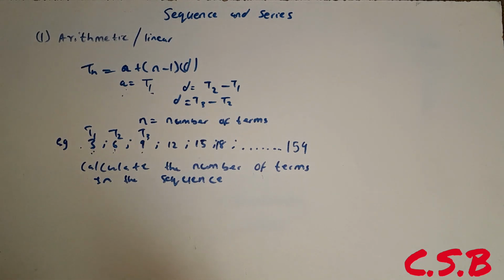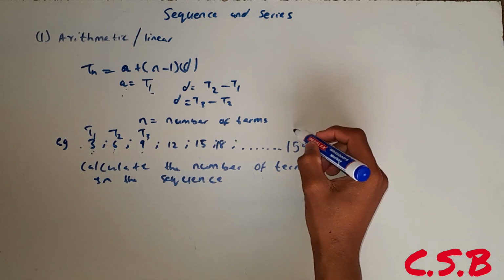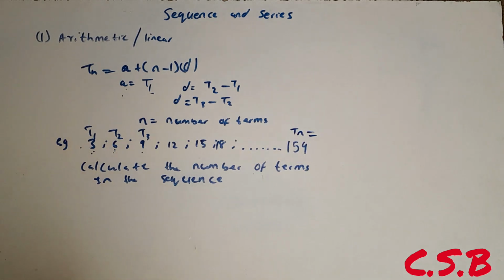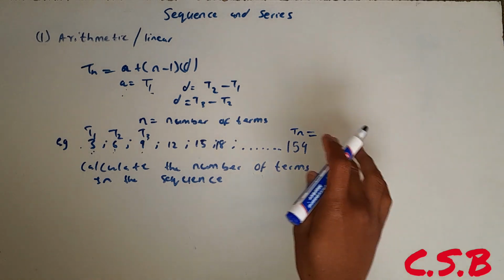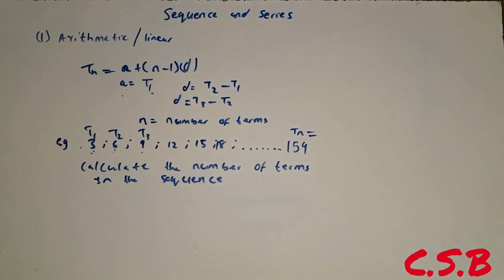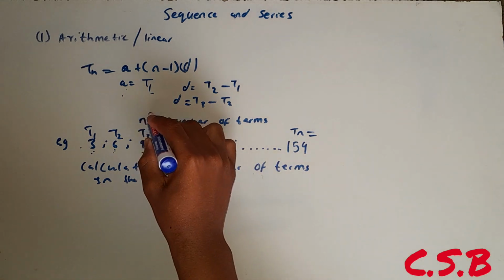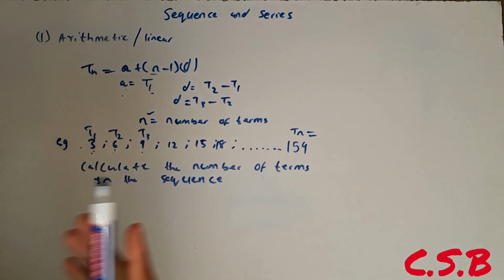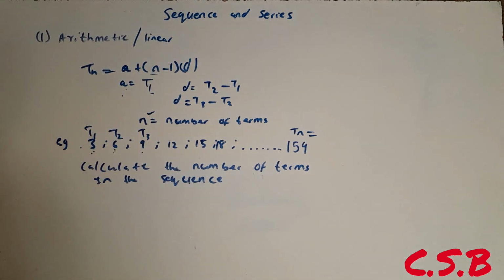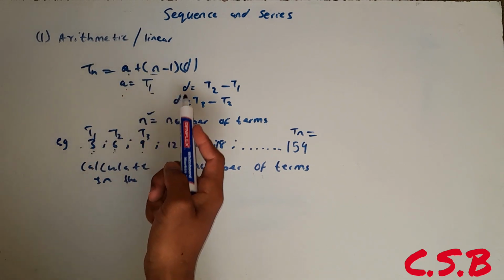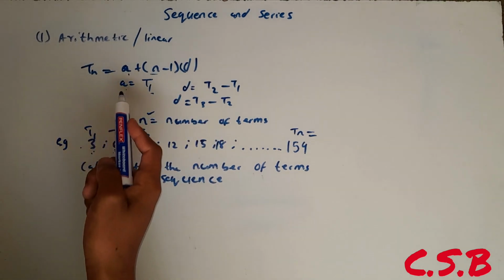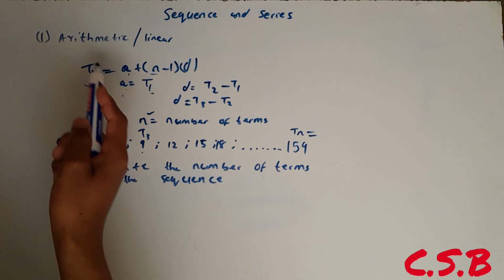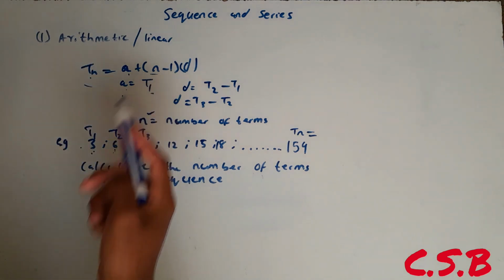So to calculate the number of terms, we equate this to Tn. So this is equal to Tn. Then this is how we will get our number of terms. Our number of terms, we said, is n. So in this formula, we should now calculate n. We already have our a, we have our d, and we already have our Tn. Now we can solve for n.